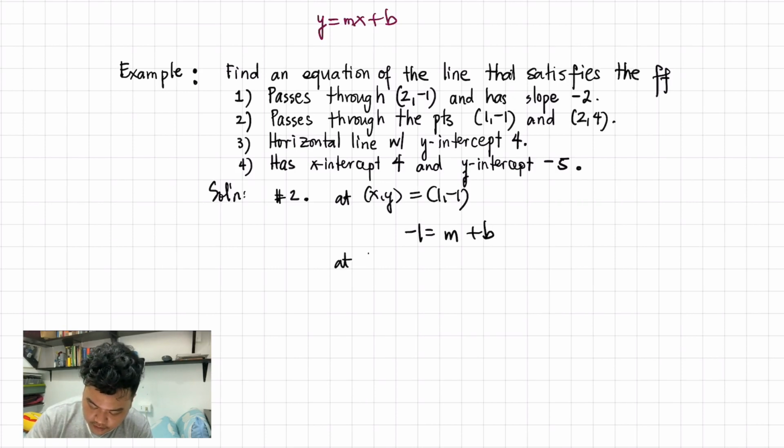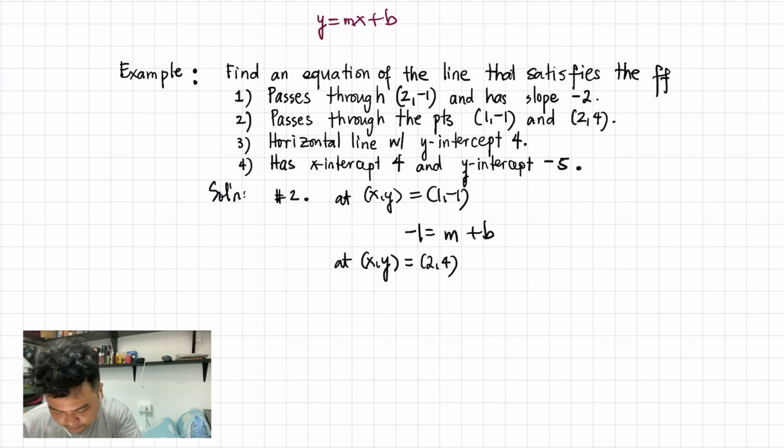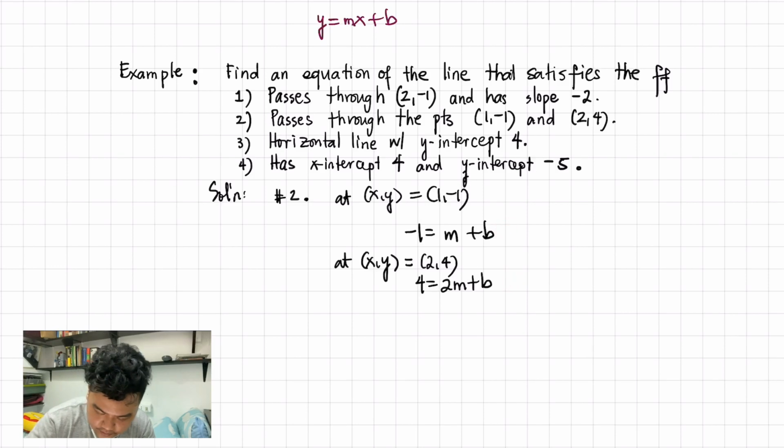And at xy equal to, what is the other point? 2, 4. Replace x by 2 and y by 4 in here. So what do we have now? 4 is equal to 2m plus b. So we have these 2 equations.